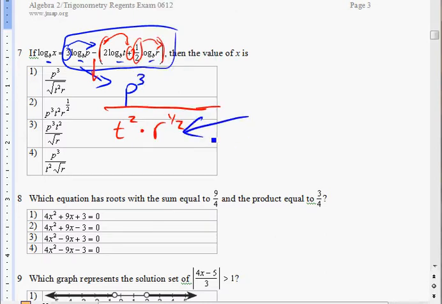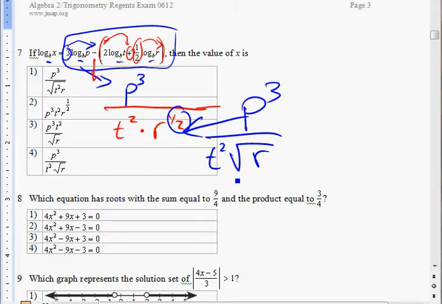Just want to point out that r to the 1/2 is equivalent to the square root of r. So we have t squared times square root of r as a denominator, and the top remains as p cubed, and that is choice 4.